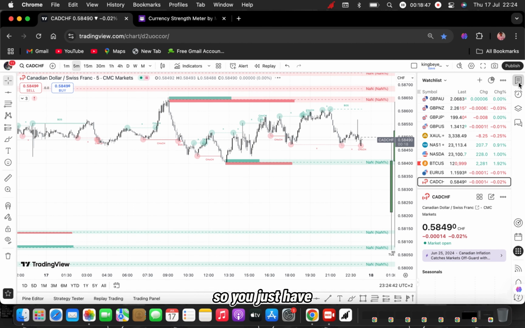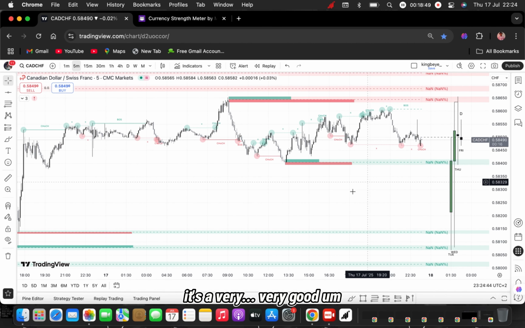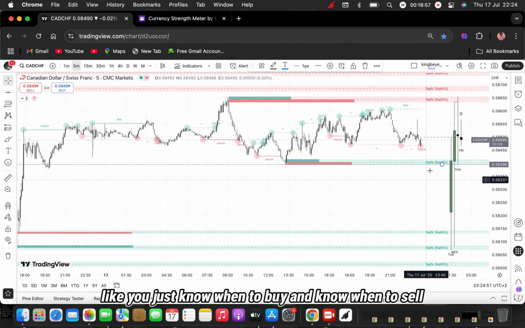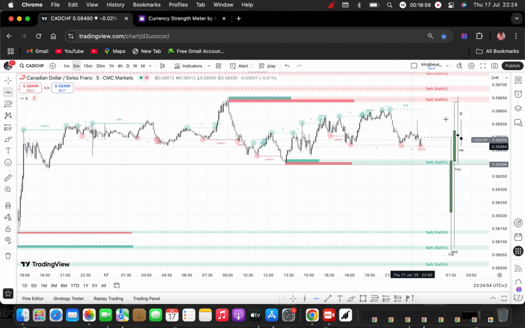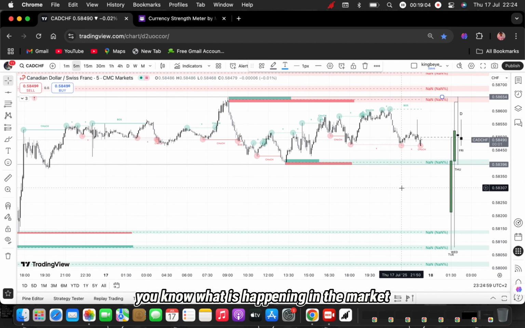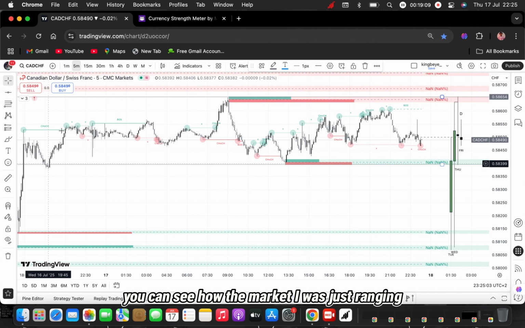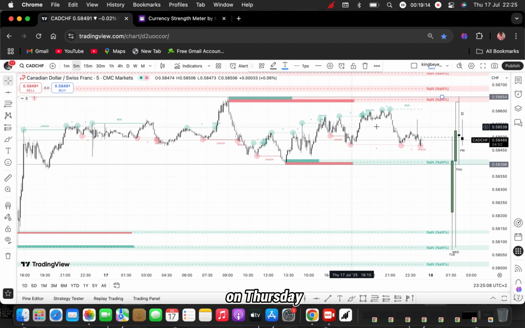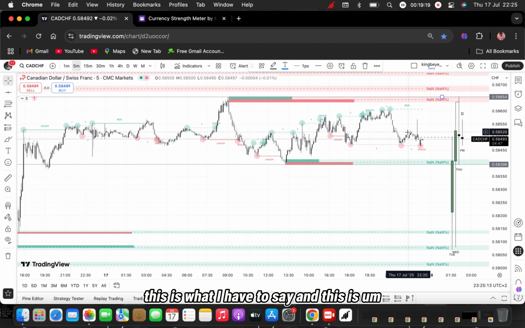It's a very good way for you to trade. You just know when to buy and know when to sell. People don't need to even tell you. You don't even need to look at the chart before you know what is happening in the market. Now look at the ranging market. You can see how the market was just ranging on Thursday.